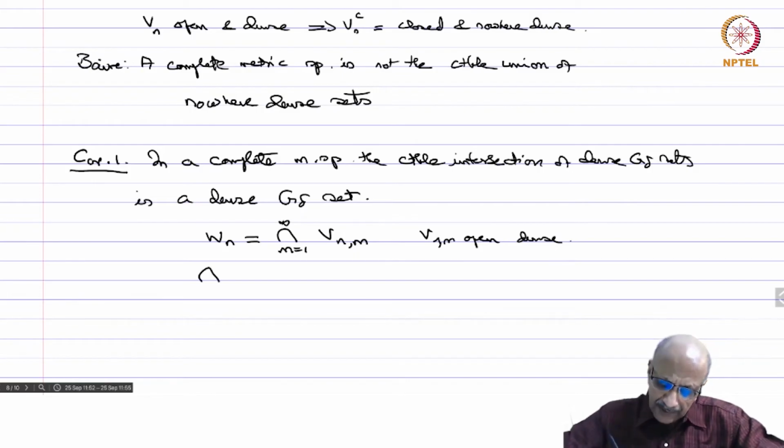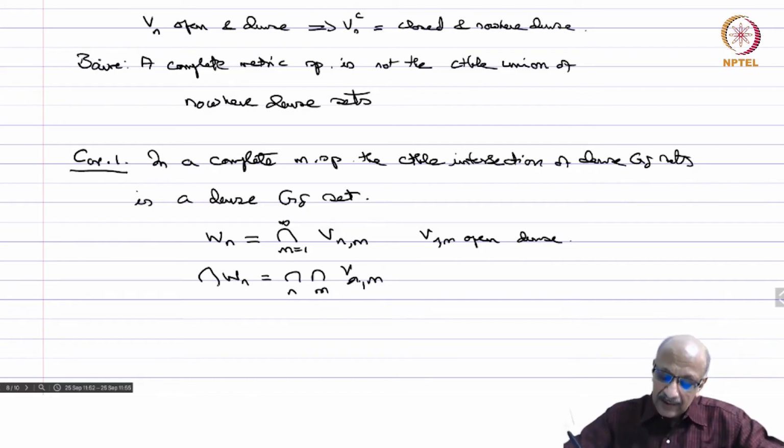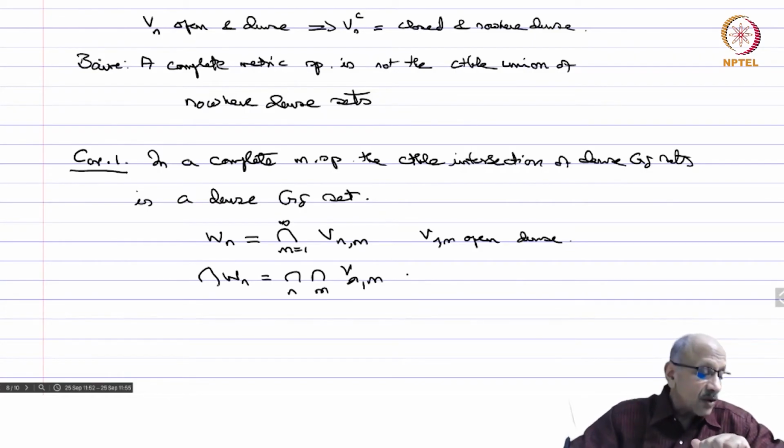So if you take the intersection of the W_n, this will be the intersection over n, intersection over m, of V_nm, and that's again a countable intersection of open dense sets, and therefore it is also dense. And since it's a countable intersection of open sets, it is also a G delta set. Therefore, in a complete metric space the countable intersection of dense G deltas is also a dense G delta set.